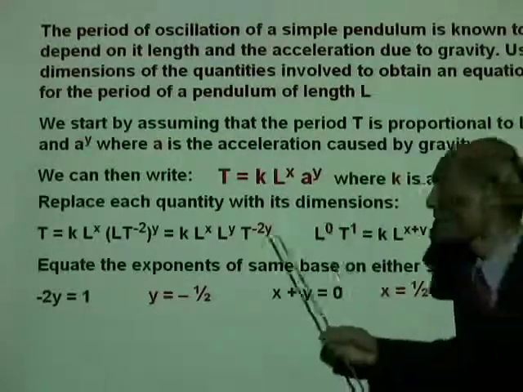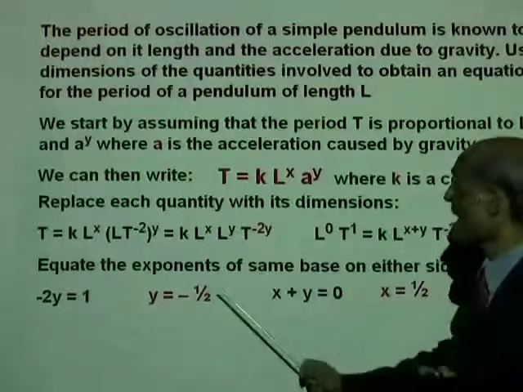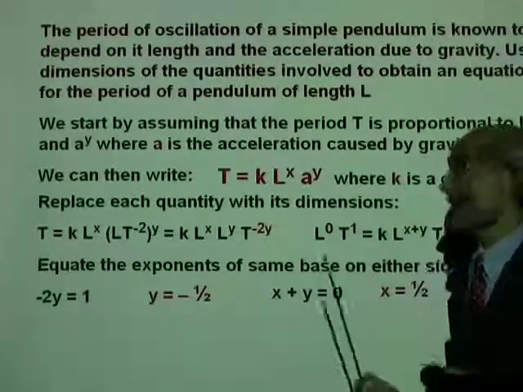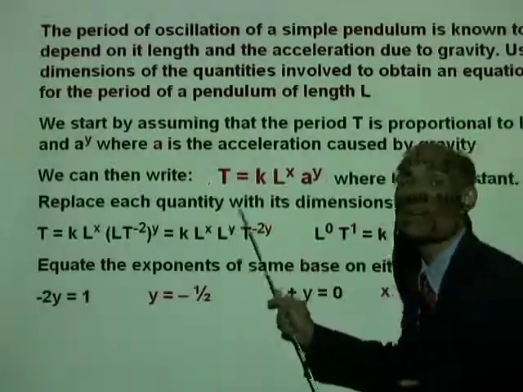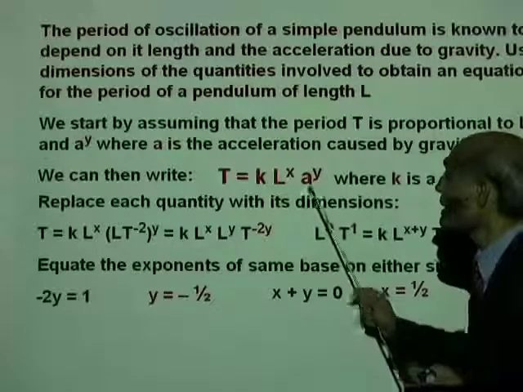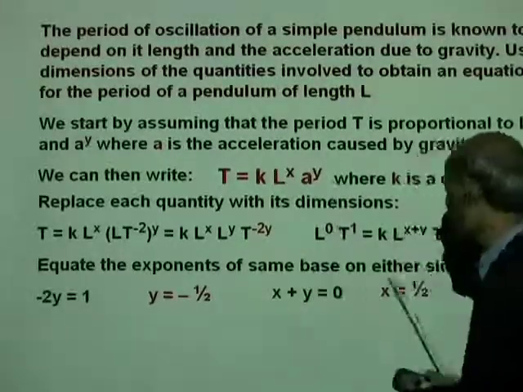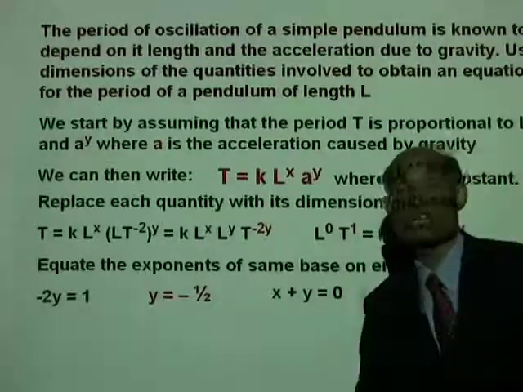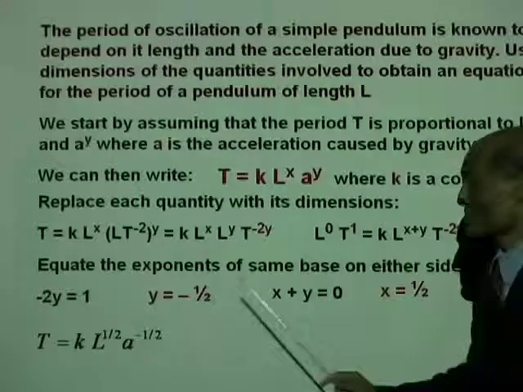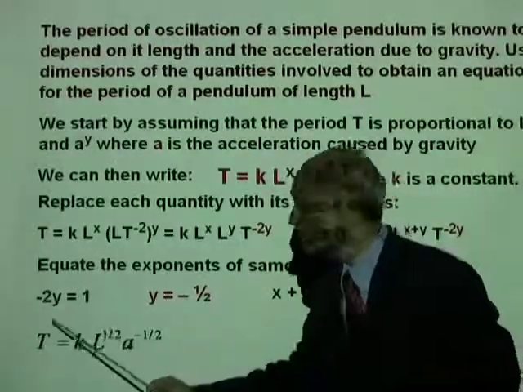See, look at the way we have been able to obtain the values of x and y. And therefore, what is the equation for the period of a pendulum? We go back to this equation, replace x by 1/2 and y by negative 1/2. So, this is the equation of the pendulum now.